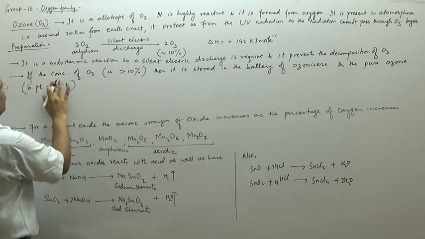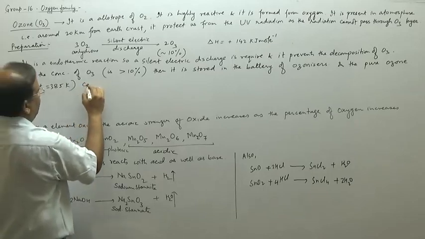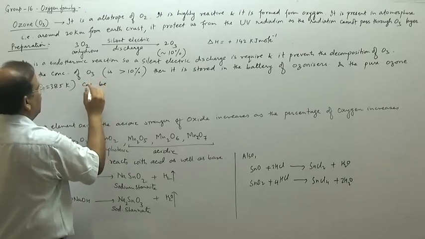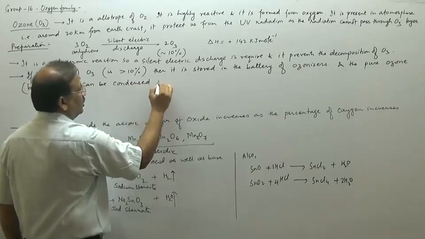It has a boiling point of around 385 Kelvin. So the pure ozone, with a boiling point of 385 Kelvin, can be condensed in the vessel.